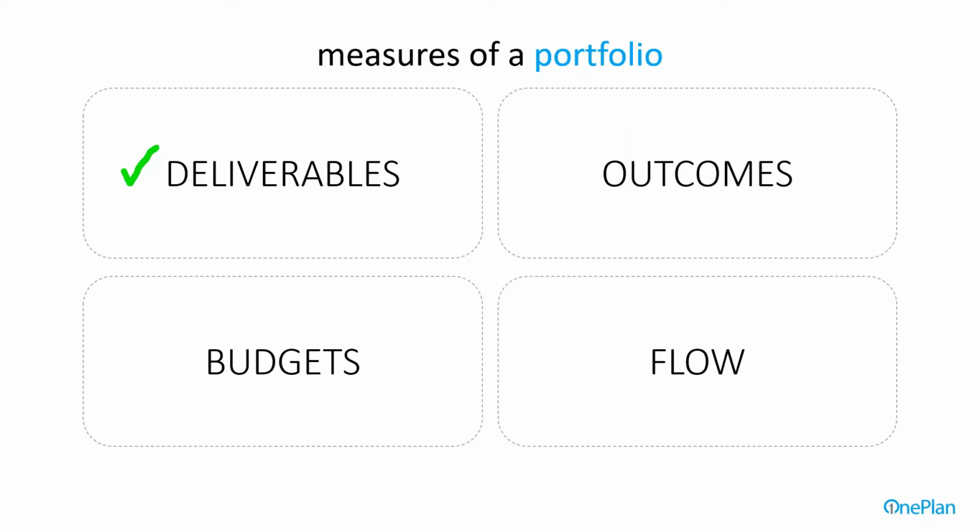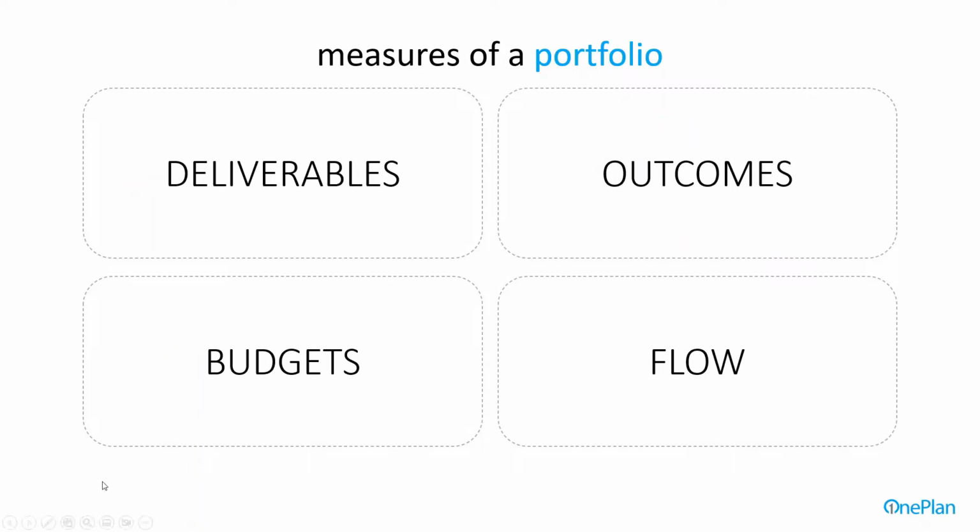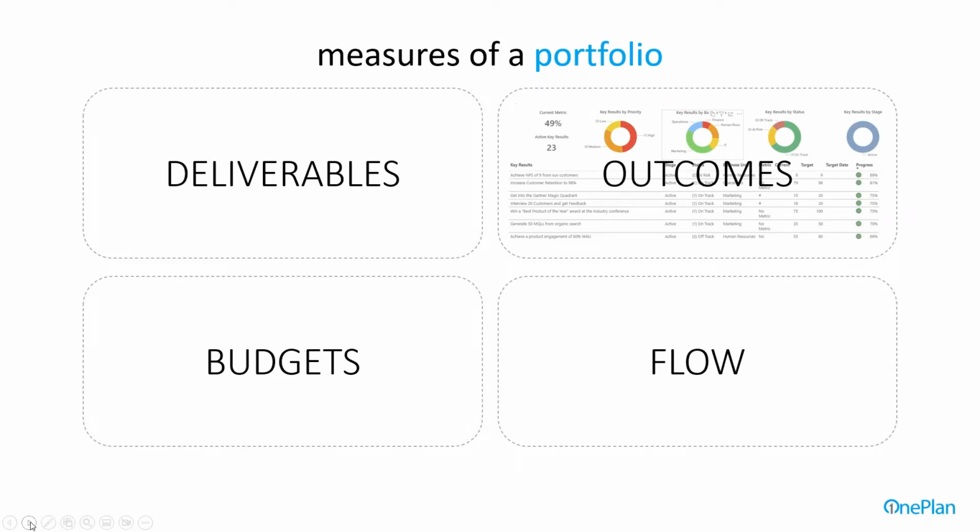So that would be things like milestones, releases, features. Those are deliverables. Obviously budgets, but now we can also, when we're doing, for example, strategic portfolio reviews, measure outcomes for that portfolio, which are going to be different, of course, and arguably more meaningful than deliverables.